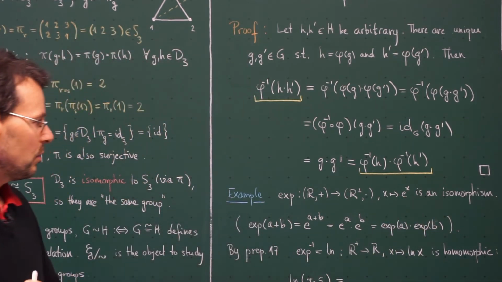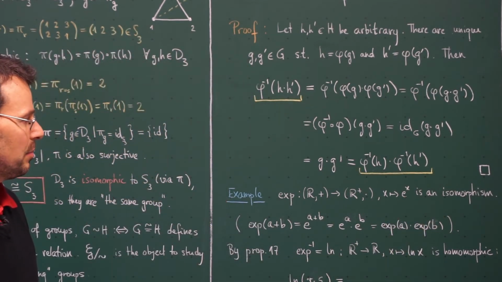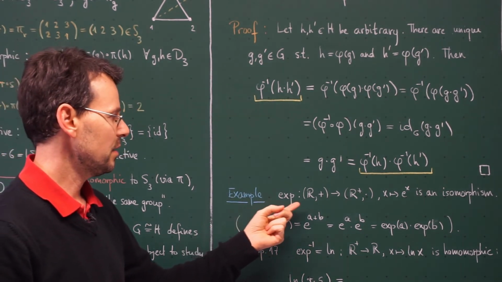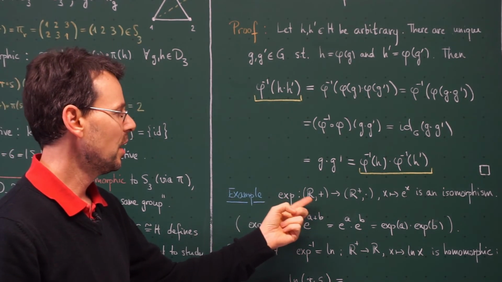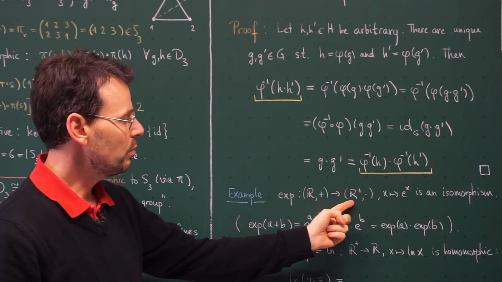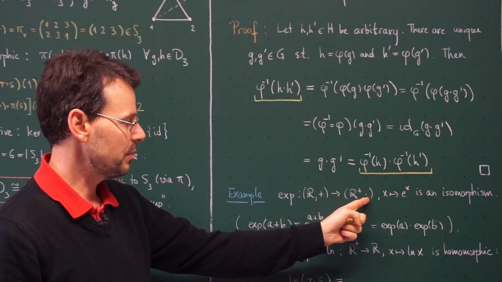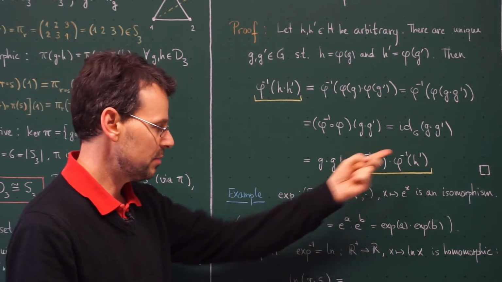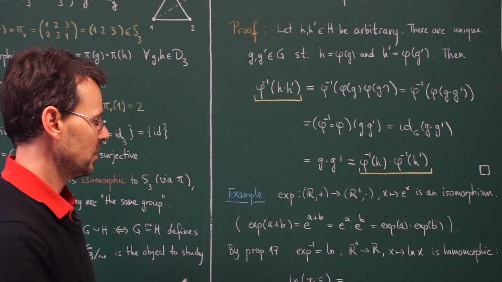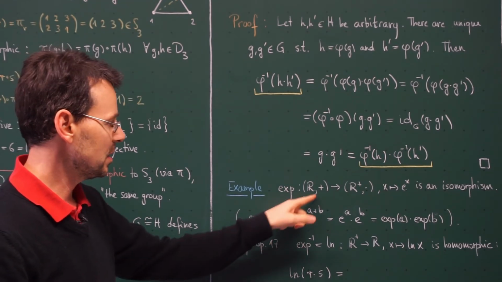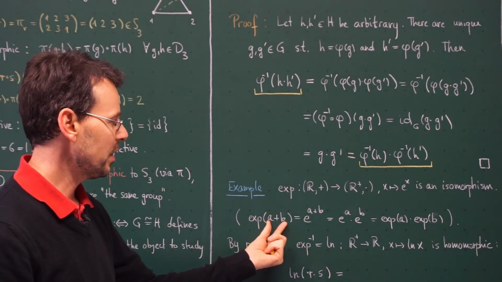All right, to conclude, a nice example from analysis. We already convinced ourselves that the exponential function, going from the group of real numbers with addition to the group of positive real numbers with multiplication, is an isomorphism. x gets mapped to e to the x, simply because the power rule for the exponential function holds, because here we start with a plus b.